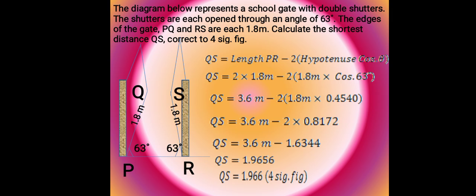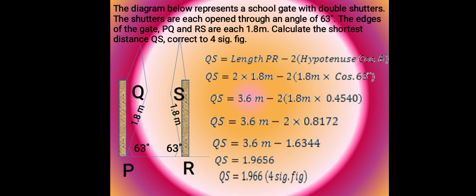Now we know the length QS is equal to the length PR minus 2 times the hypotenuse times cos theta. Length PR is 2 multiplied by 1.8.